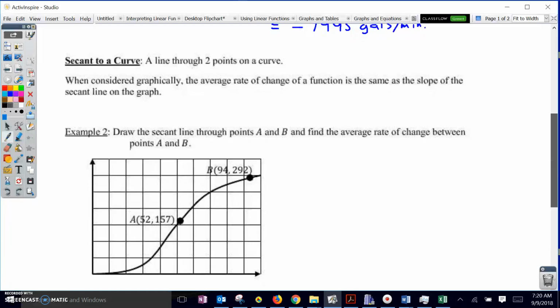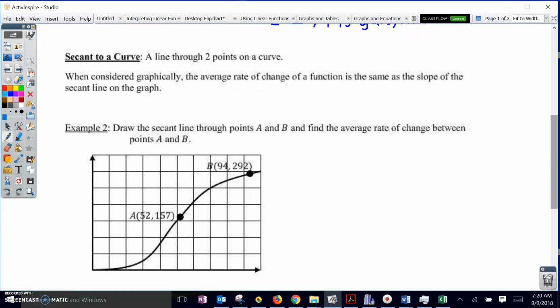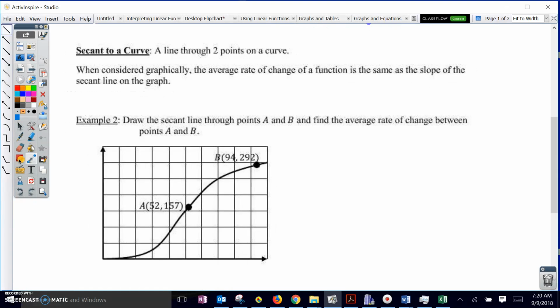In example 2, we've got a graphical sketch. We're supposed to draw a secant line through the points A and B and find the average rate of change between the points. Now, a secant line is just a line that passes through a curve at 2 points. To draw the secant through these 2 points, we'll go ahead and draw the line that passes through those 2 points.